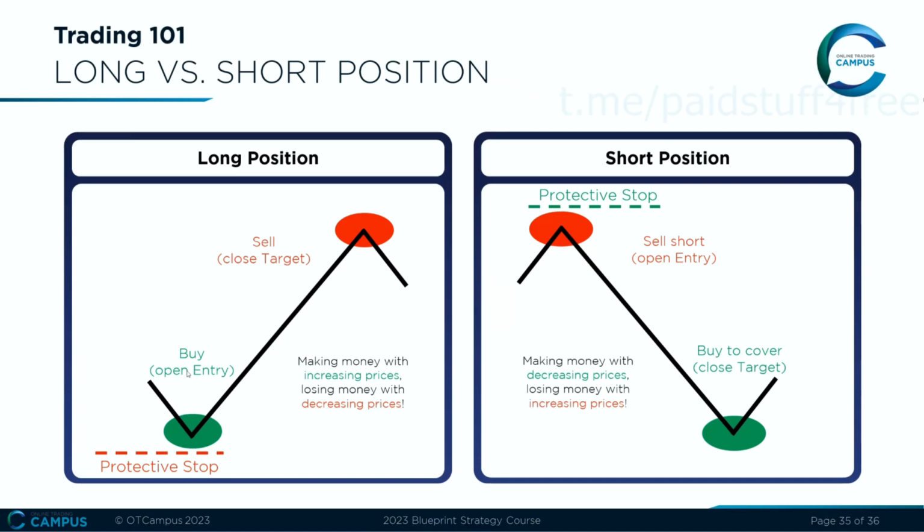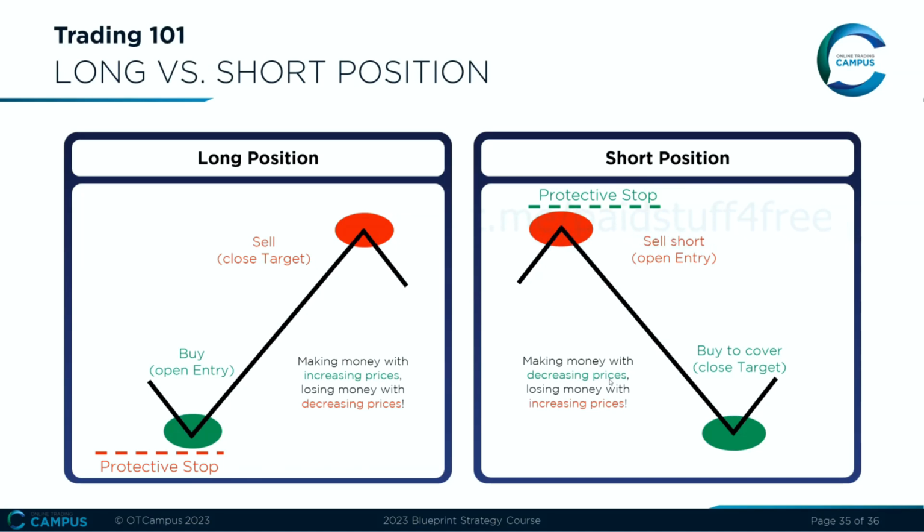So our entries are buying entries. We're opening trades in buying and we're closing trades in selling, right? That may be a target or protective stop. The protective stop kind of works like insurance, right? And it allows us to achieve calculated risk, to manage our risk.